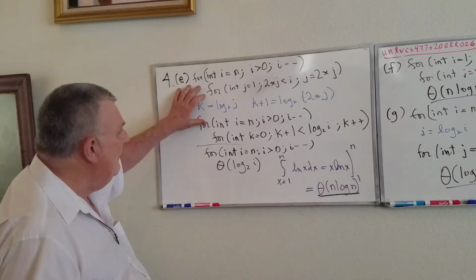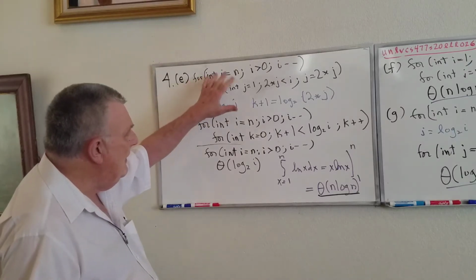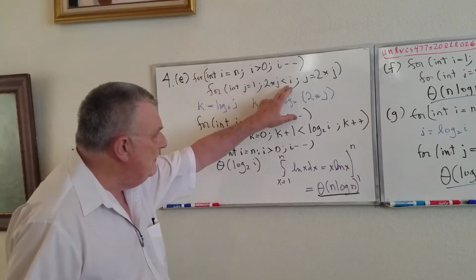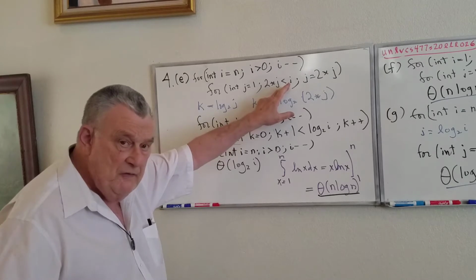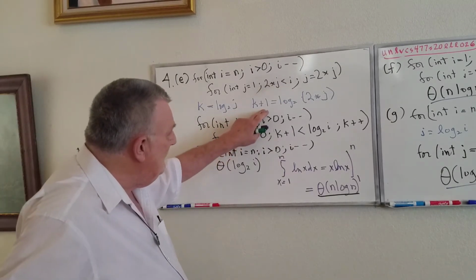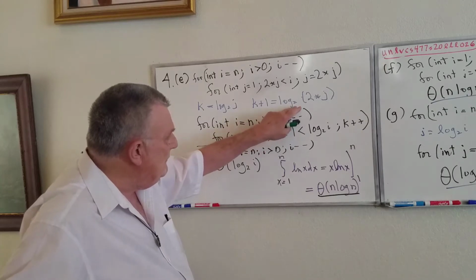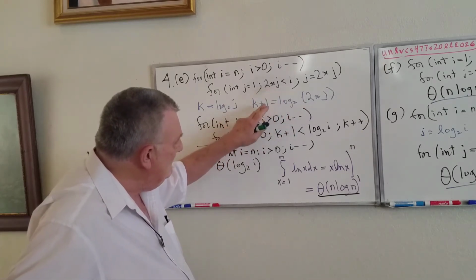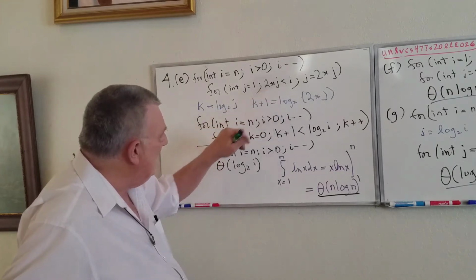For E, i is decreasing while j inside keeps doubling up until it reaches i. All right, now k plus 1 is the base 2 logarithm of 2j, because k is the log of j.